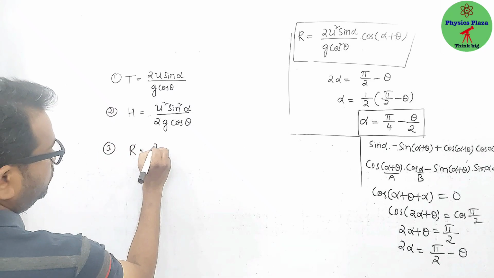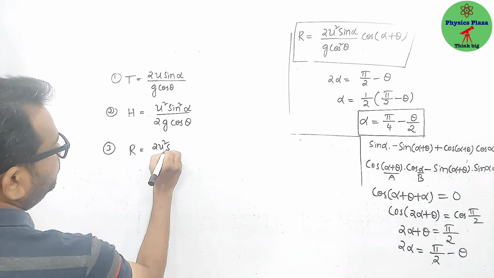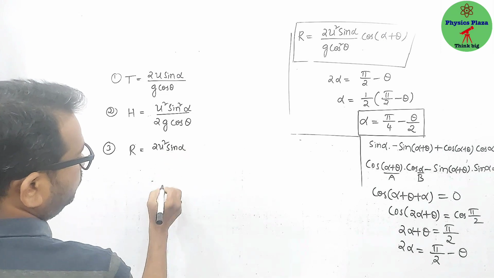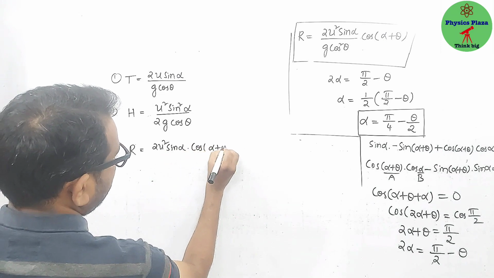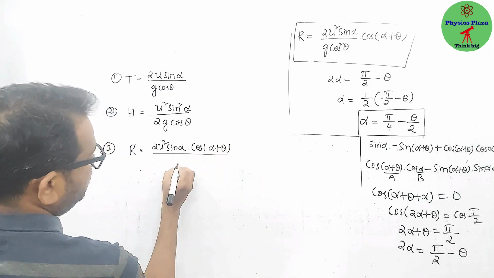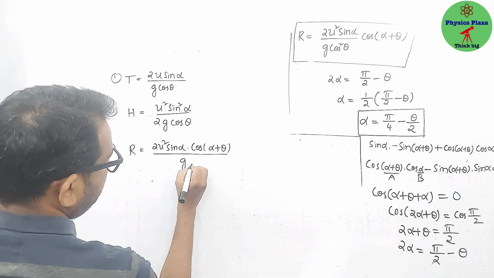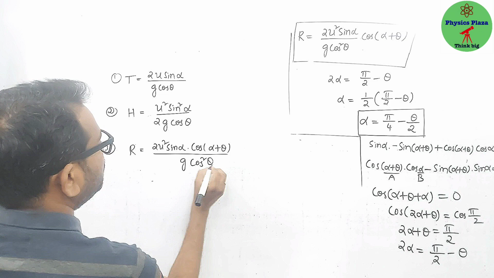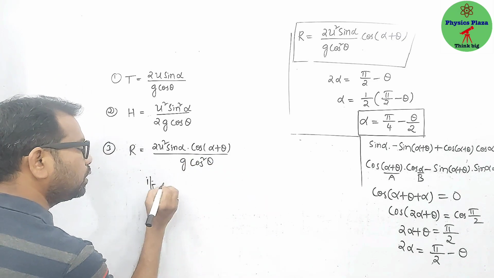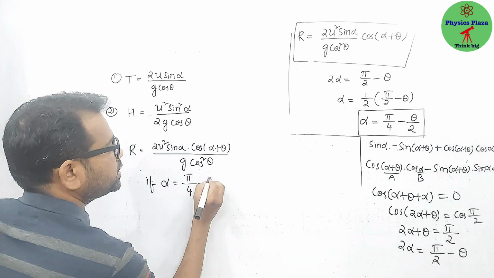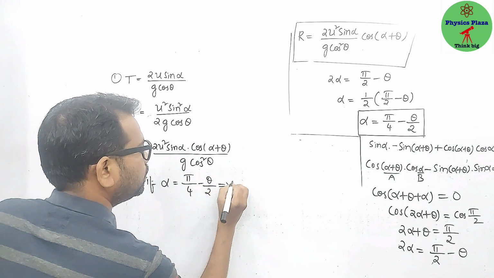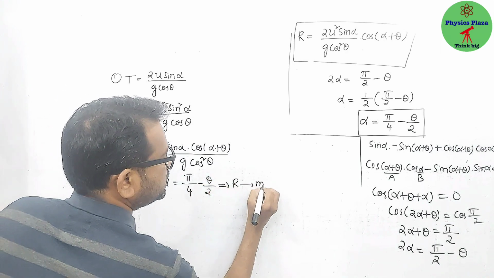The third one, range. R is equal to, we got 2u square sin alpha into cos alpha plus theta by g cos square theta. But here if alpha is equal to pi by 4 minus theta by 2, then R will become maximum.